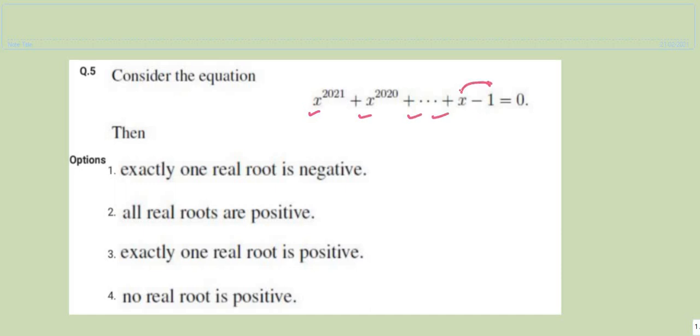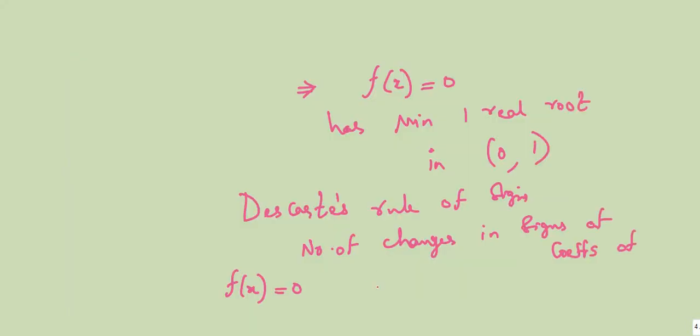There is one change in sign, from plus to minus, only in the last two terms. Before that, everything is positive. So the number of changes in sign of f(x) is only 1. And by Descartes' rule of signs, when the number of sign changes is 1, there is a maximum of one positive real root.